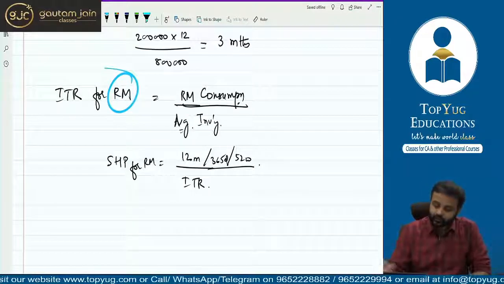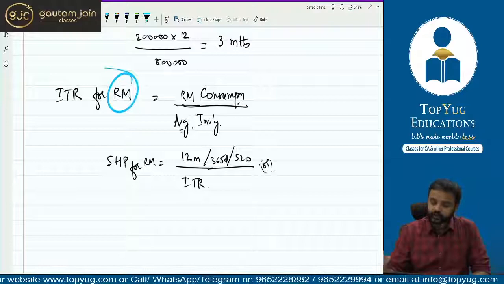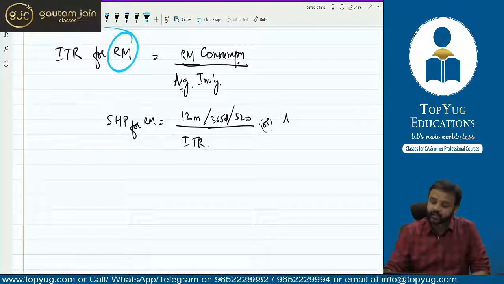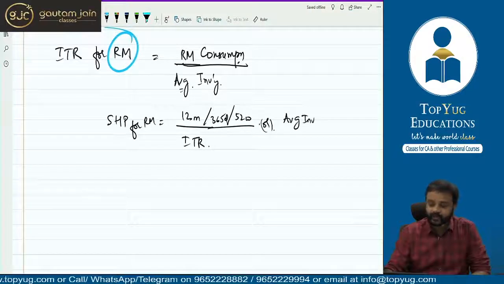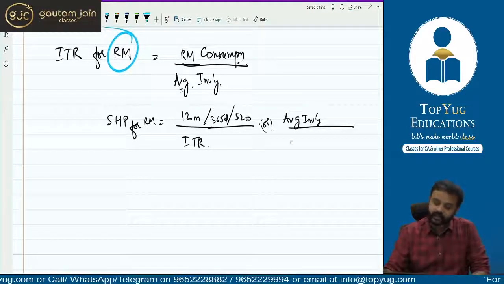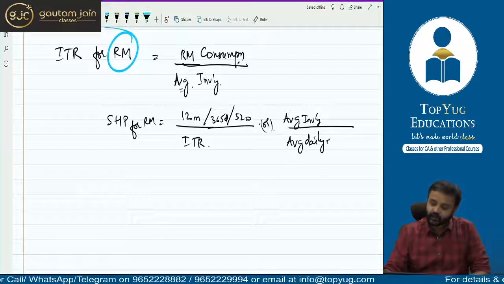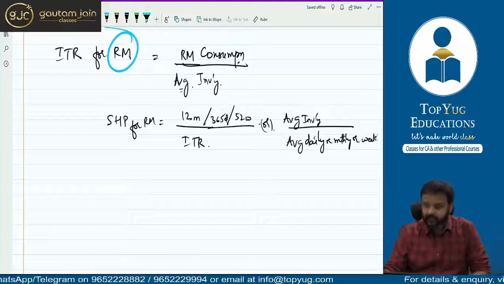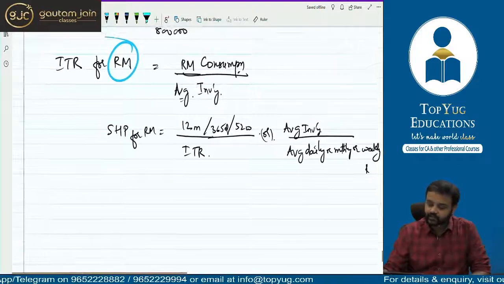No, sir, we don't want to calculate this way. Then how do you get that? See, here we have written already: average inventory of raw material divided by average daily or monthly or weekly raw material consumption.